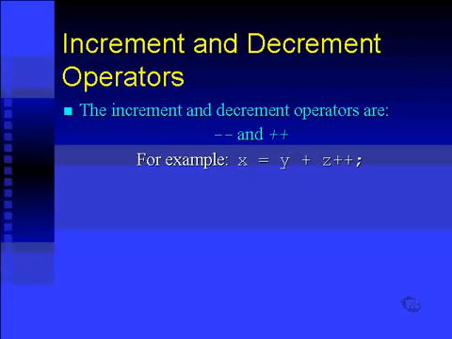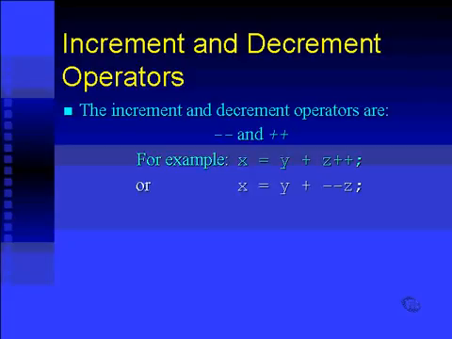So which is it? Well, in this particular case, it happens afterwards. Only in this particular case, and I'll explain that in a second. What's happening here is that y and z are added together and the result is put into x. And after that, z is incremented. That's the order that things happen.